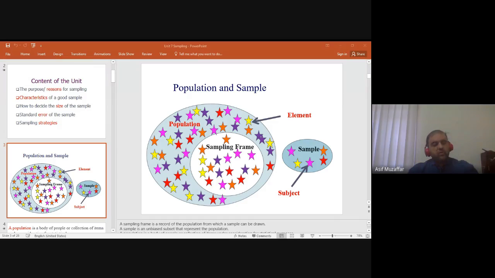Can you tell me first of all, who is the population in this case? I'm not asking the number, I'm just asking who, from whom you can collect data. Population means the subject or the element of your research problem.